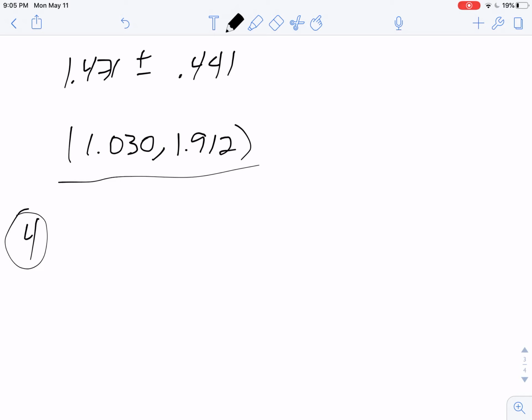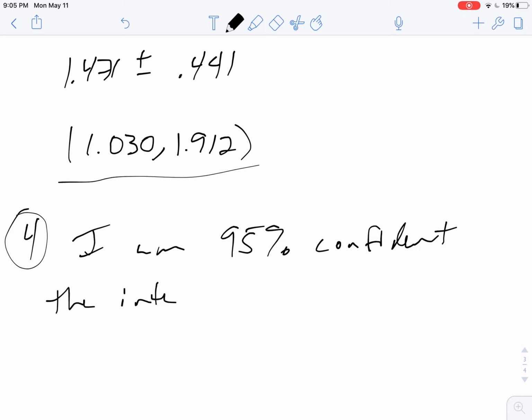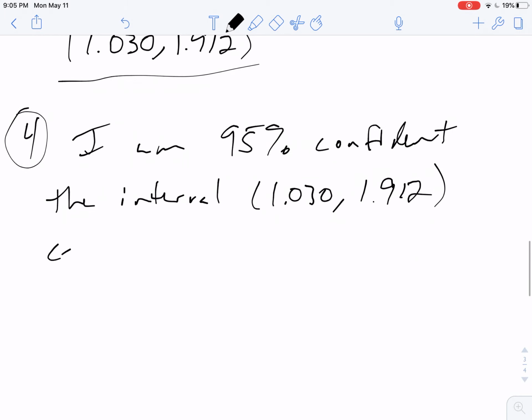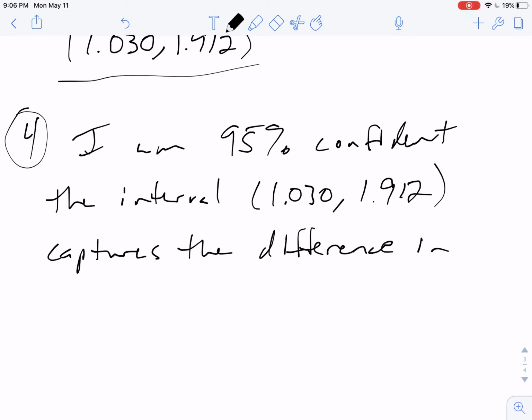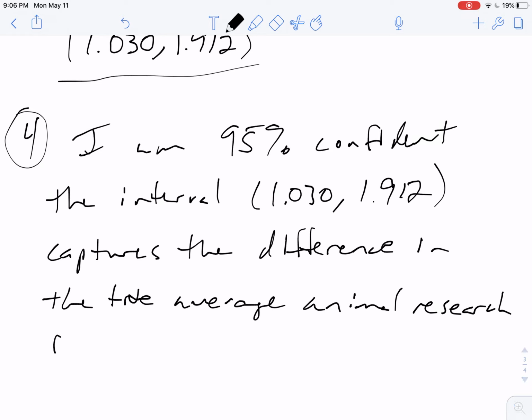So step 4, the interpretation, I'm going to say I am 95% confident the interval 1.030, comma 1.912 captures the difference in the true average animal research rating for females and males. So that would be my interpretation.